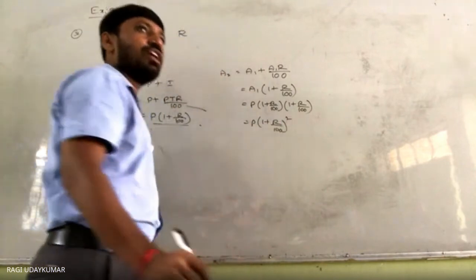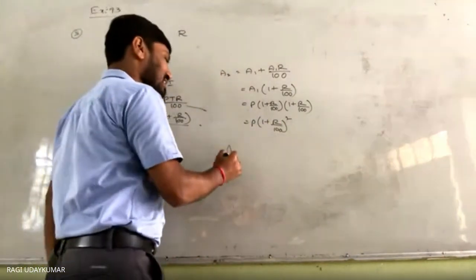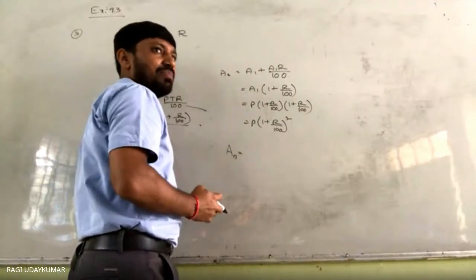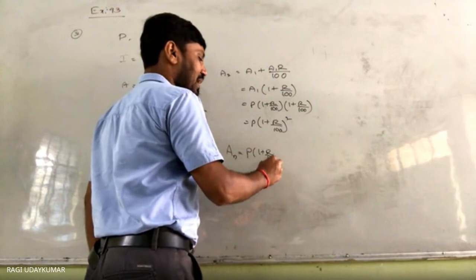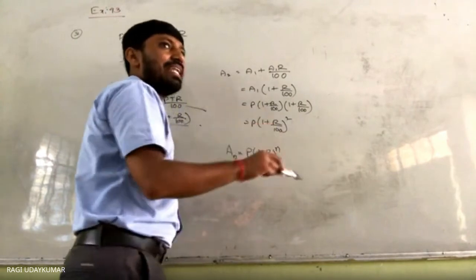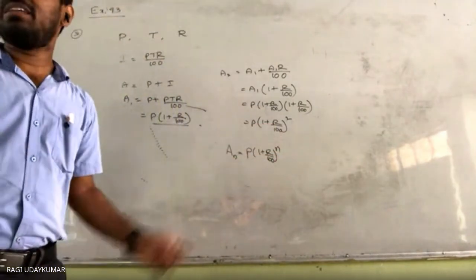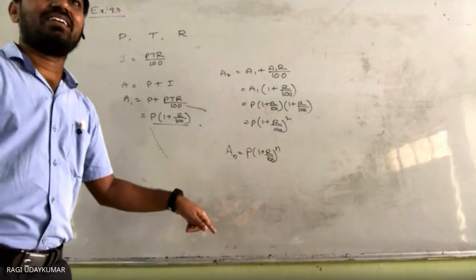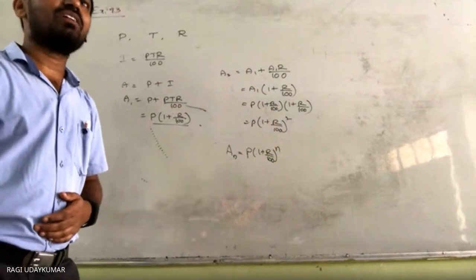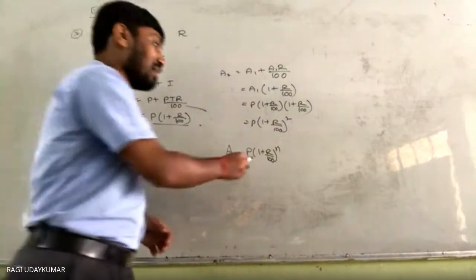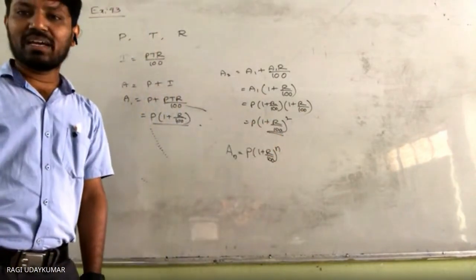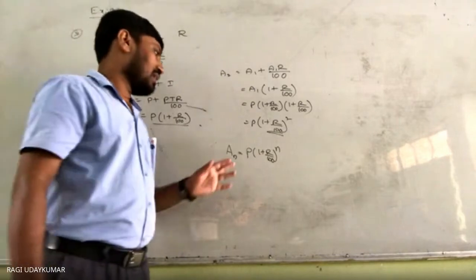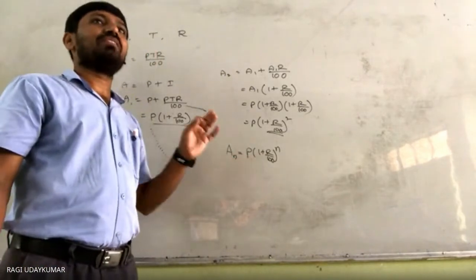In the same way, proceeding to the nth year, the amount will become An, that is P into 1 plus R by 100 whole to the power of N, where N is the number of years. This is a geometric progression where the common ratio is 1 plus R by 100 and P is the first term.